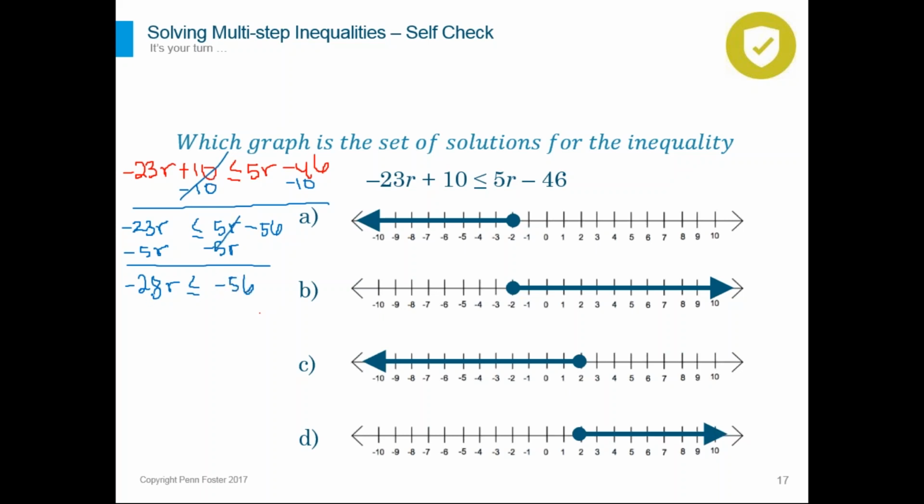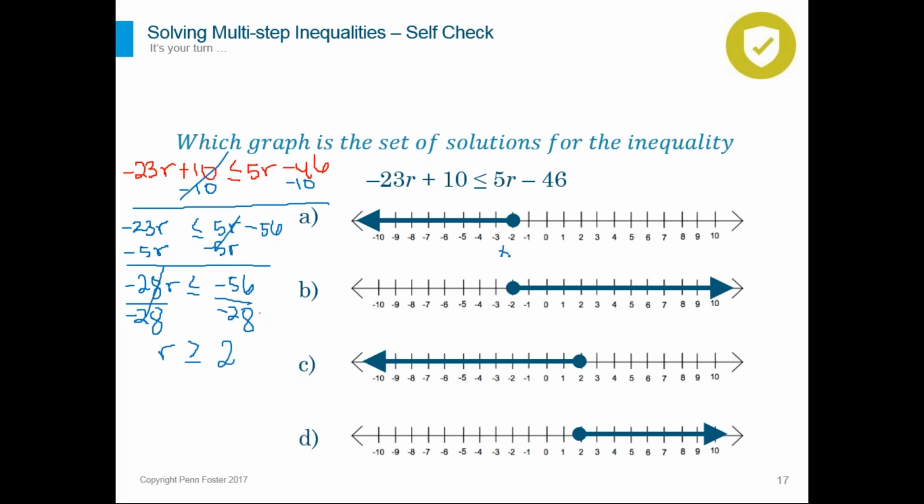I have to divide by a negative number. Yes, we are dividing by a negative number, so that would make me switch the sign. And 56 over 28 will give you 2, and it's going to be a positive 2. So it's going to be a closed circle, which includes all of them.